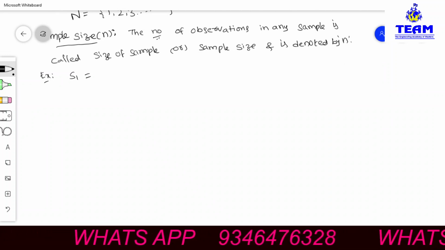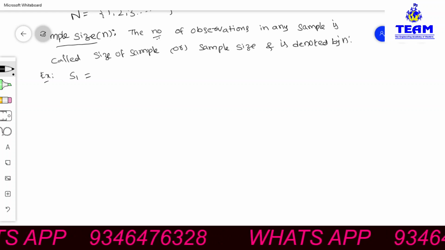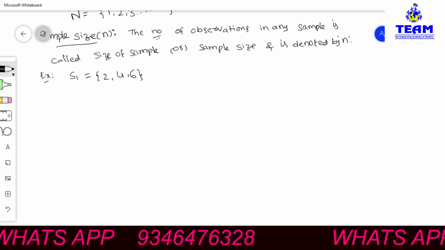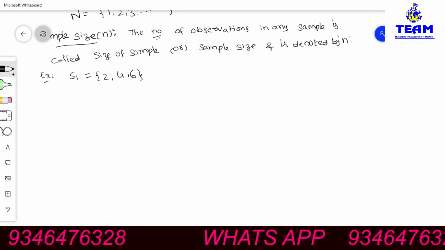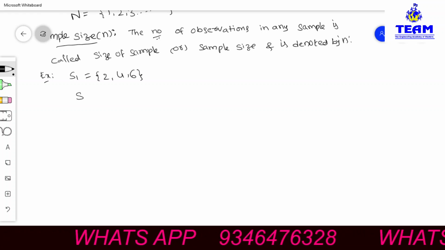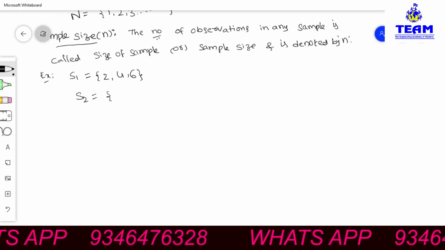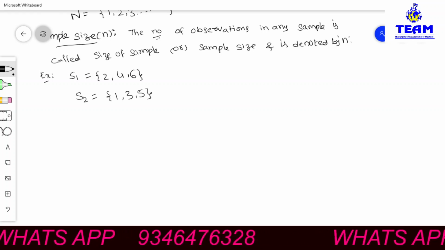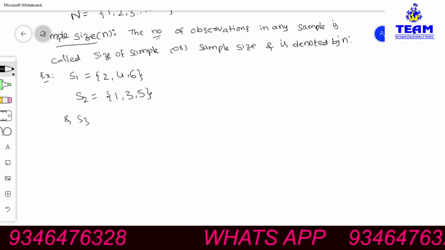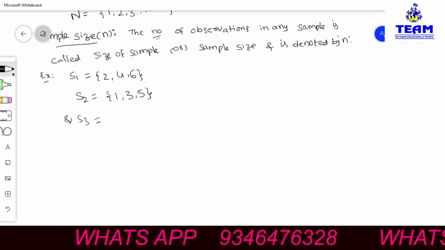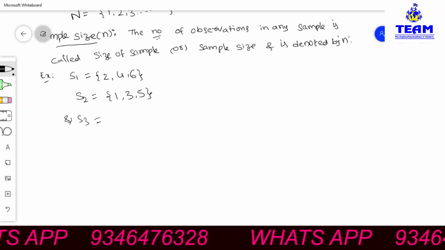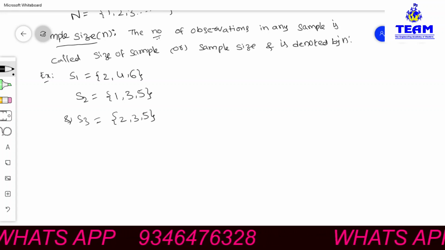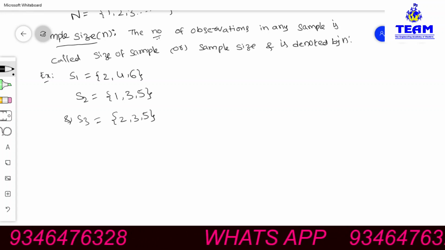S1 is the set of even numbers, 2, 4, 6. Here the number of elements is 3. S2 is one more example for the same problem, that is 1, 3, 5, the set of odd numbers. And S3, 2, 3, 5, is the set of prime numbers. Of course, S1, S2, S3 are samples of the sample space S, which is called a population.